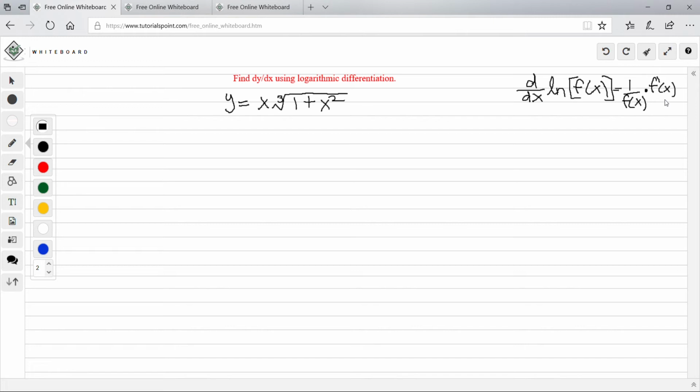So first I'm going to take the ln of both sides. So the first step is to take the ln.